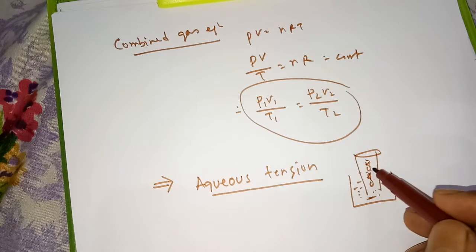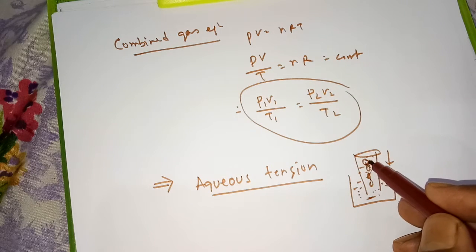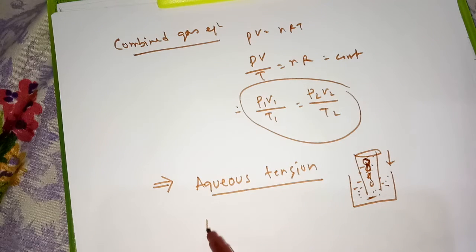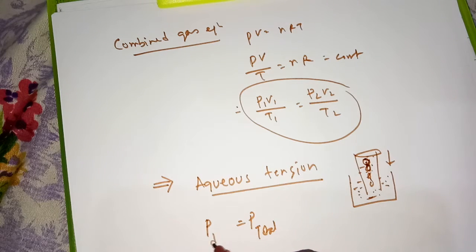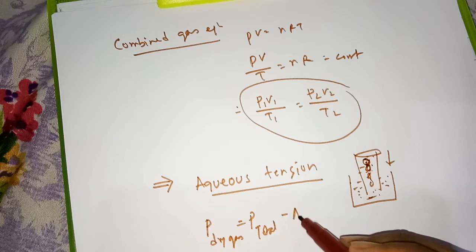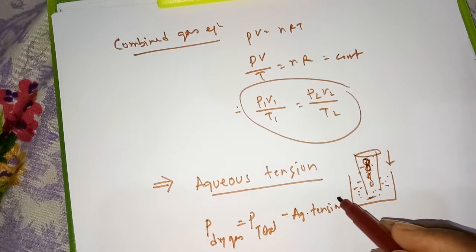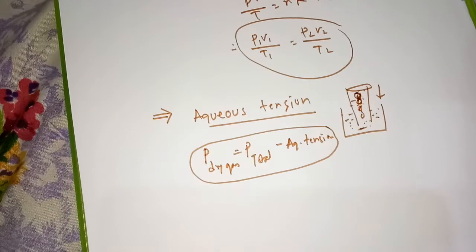When gases are collected in a jar by downward displacement of water, some water particles stick to those gases. So the pressure we have considered is the total pressure of that gas plus water. Now pressure of dry gas is equal to total pressure minus the pressure of those water particles. This is aqueous tension. So pressure of dry gas equals total pressure minus aqueous tension. That part you remember.